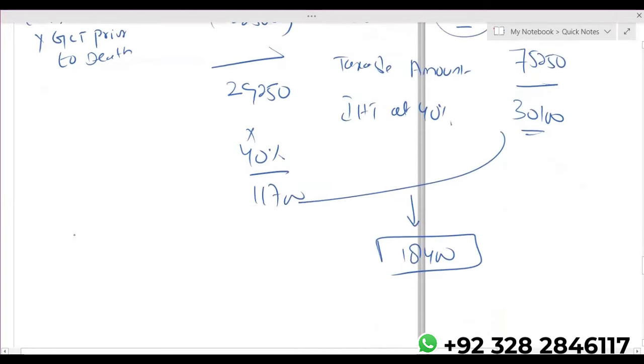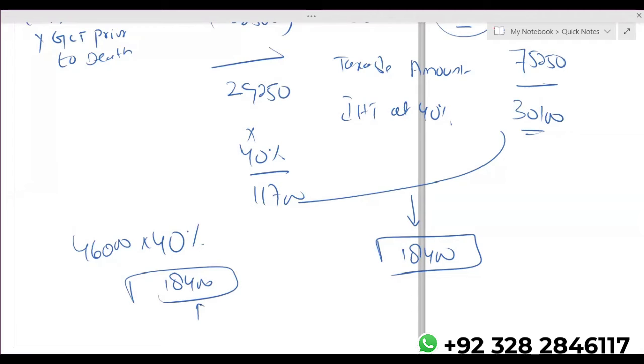Due to that, you will be saving 40% tax. So simply 46,000 into 40%, 18,400. This is the shortcut.